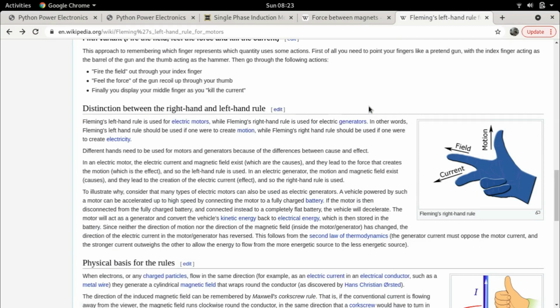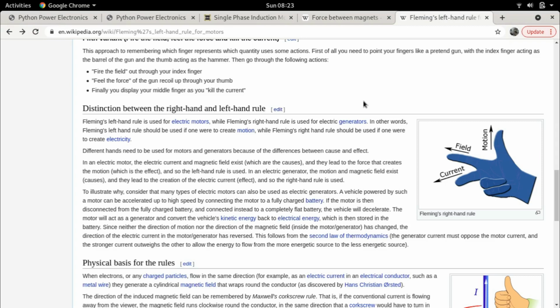That is, when you are moving a conductor in a magnetic field, right? It could be a thermal generator where the motion is happening due to burning of fuel, or due to hydroelectric, or due to nuclear, or any, right?